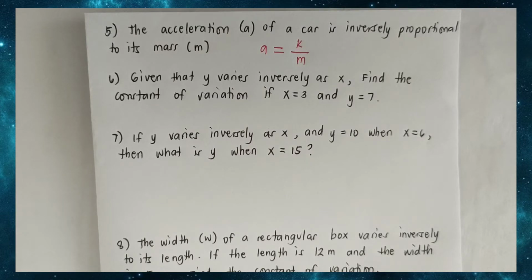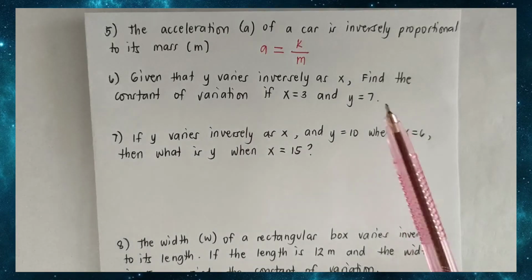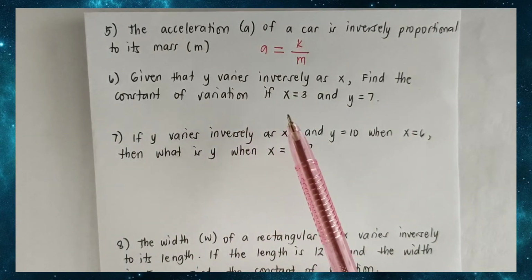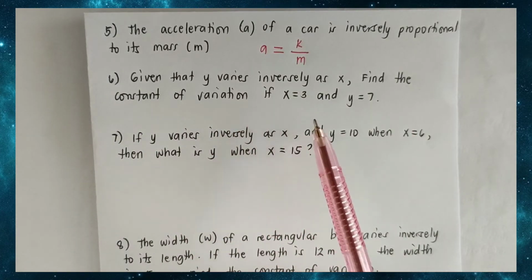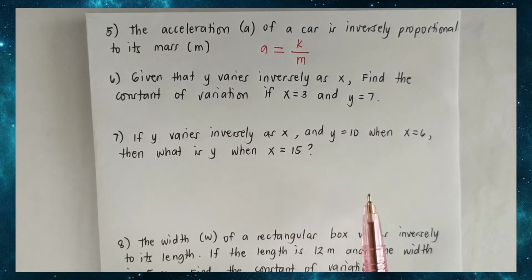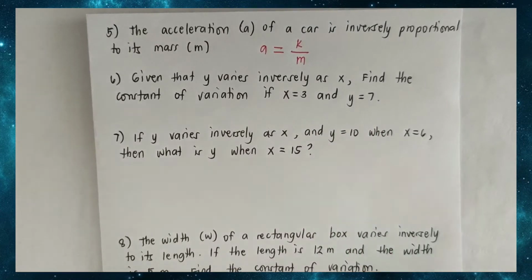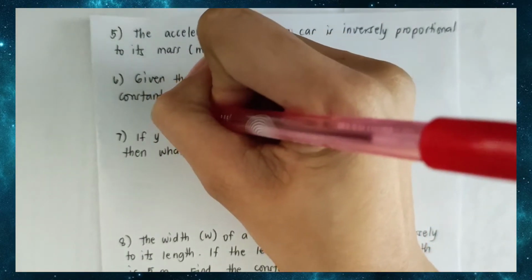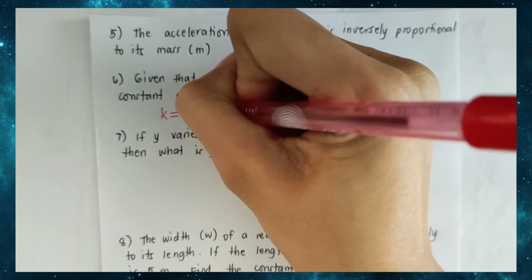Given that y varies inversely as x, find the constant of variation if x is equal to 3 and y is equal to 7. So using the formula, just like what I discussed a while back, we have k is equal to xy.